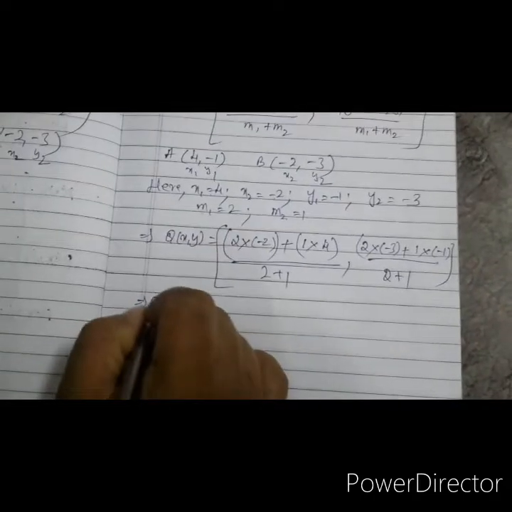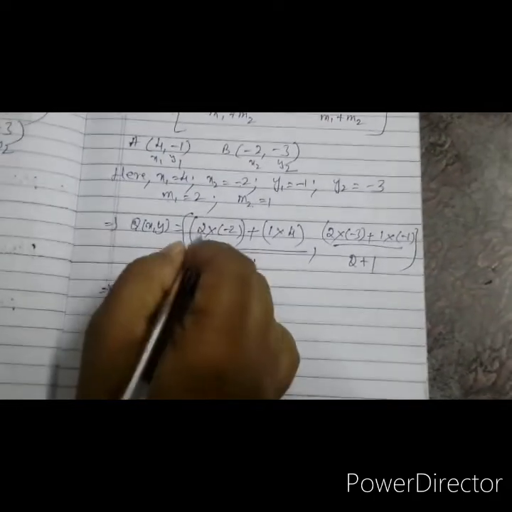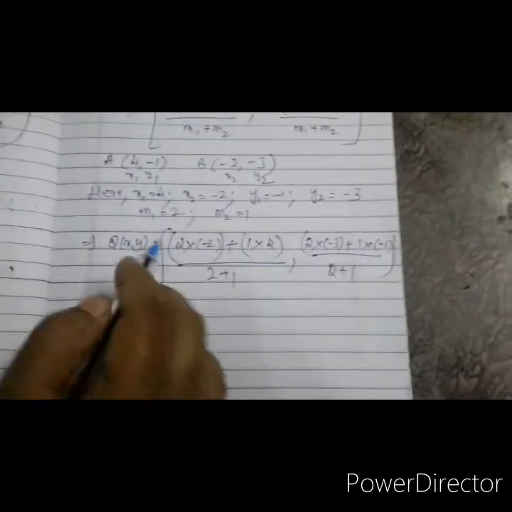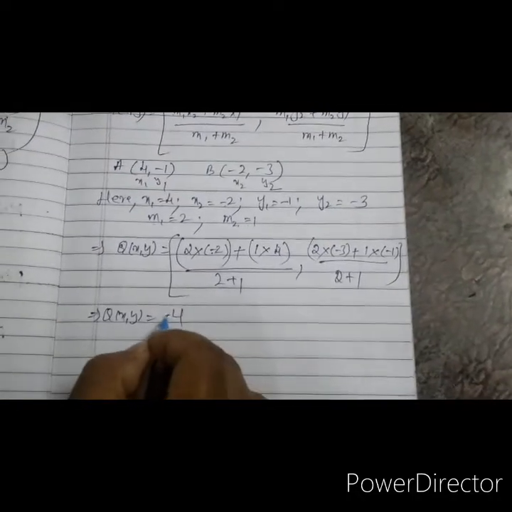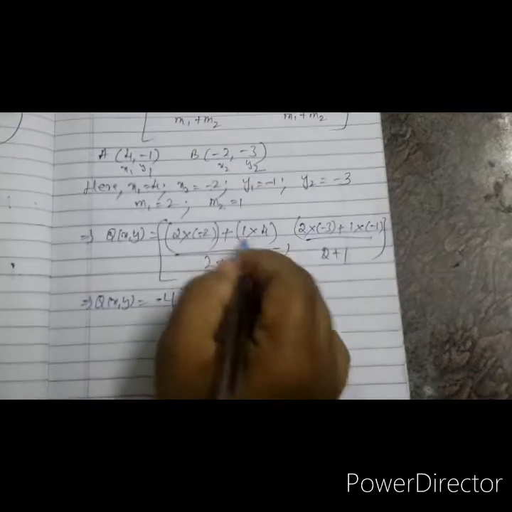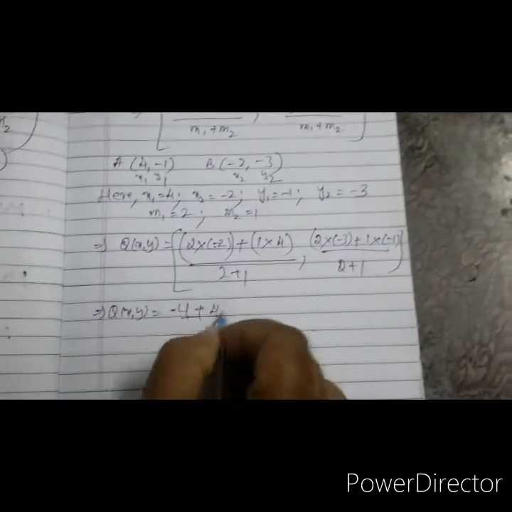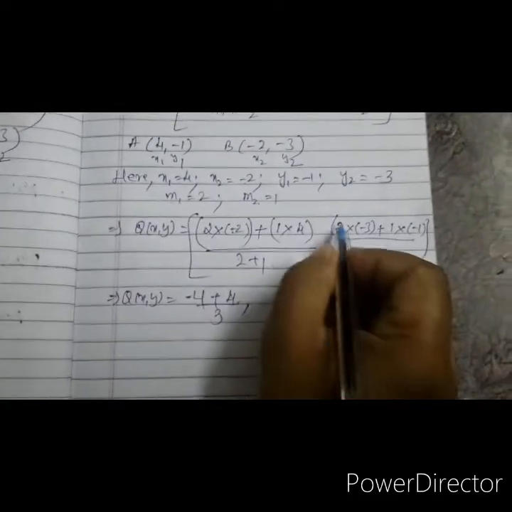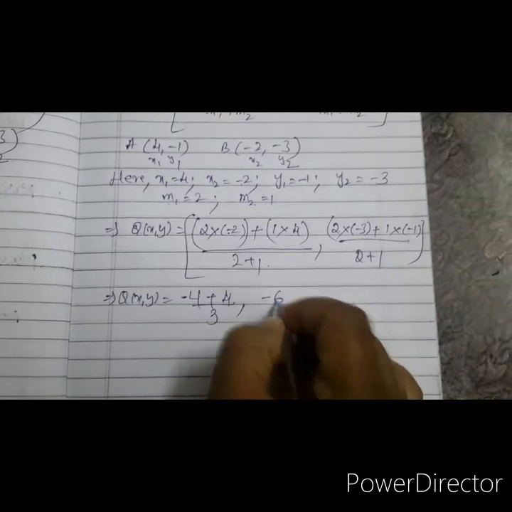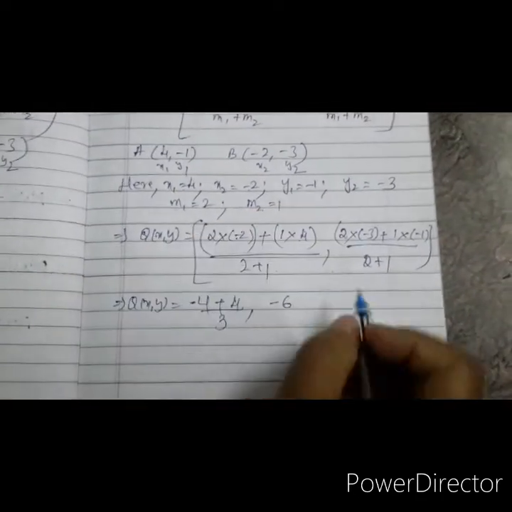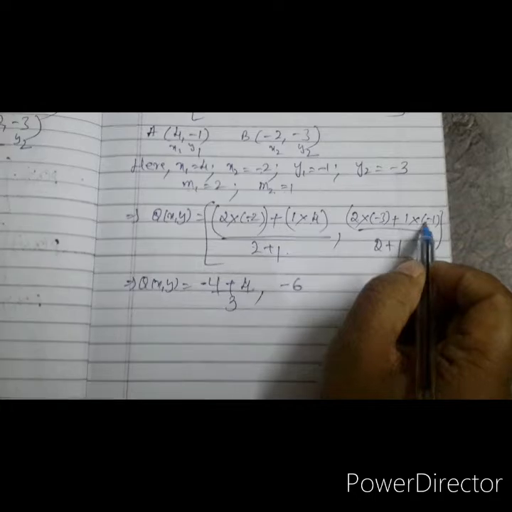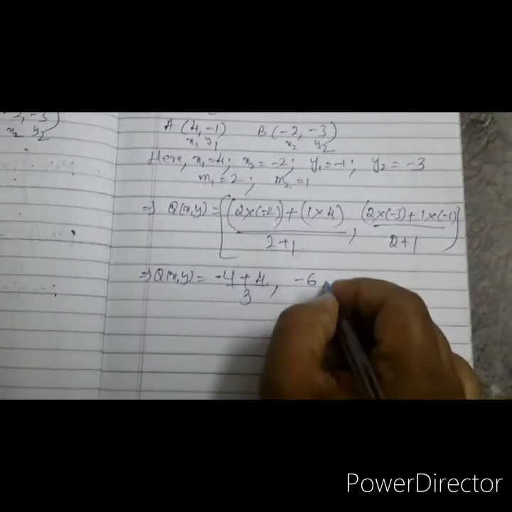Fine. Now open the brackets. 2 2s are 4. 4 and sign minus is there, write minus. Plus 1 4s are 4. Divided by 2 plus 1, 3. 2 into 3 is 6. Minus 6 because sign is there, here minus. And now open the brackets for minus symbol. Plus into minus, minus.